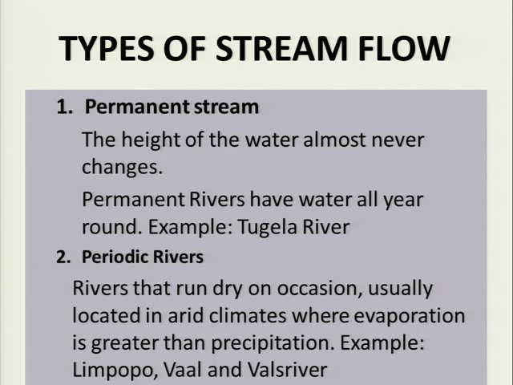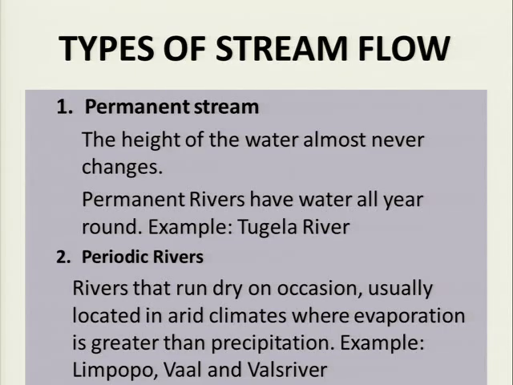Then we come to periodic rivers. Periodic rivers are rivers that run dry on occasion, usually located in arid climates where evaporation is greater than precipitation. And examples of that are the Limpopo, the Vaal, and the Vals River. All right, so the periodic river, guys, will change according to season. Let's say, for instance, we have summer season in the Free State.